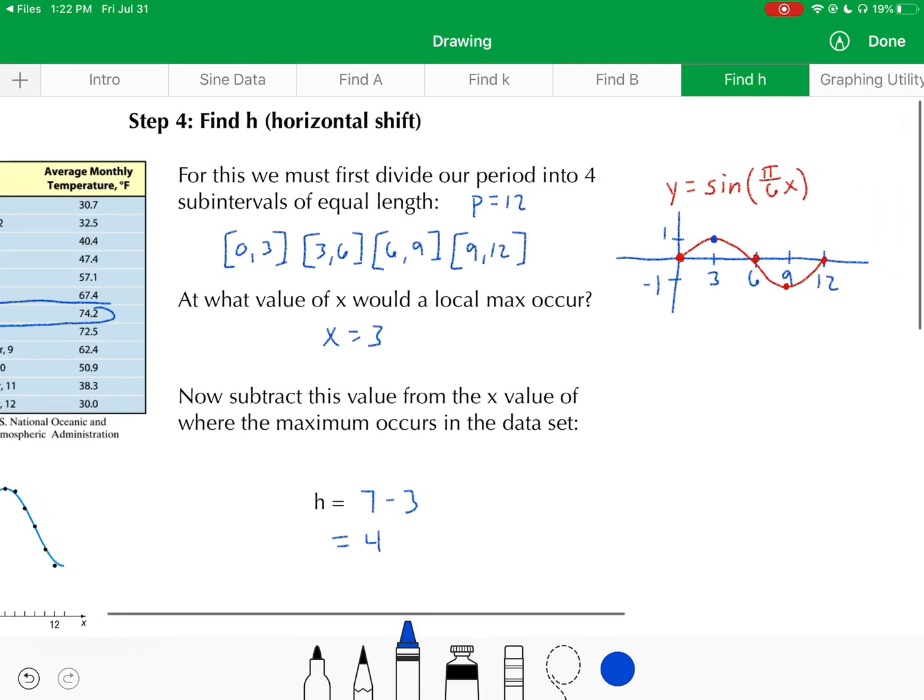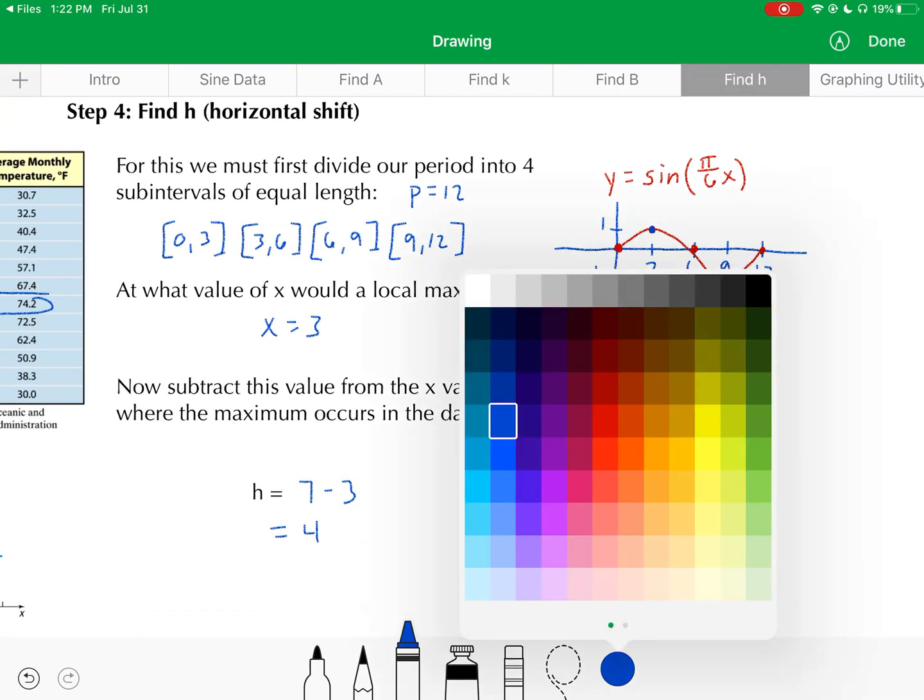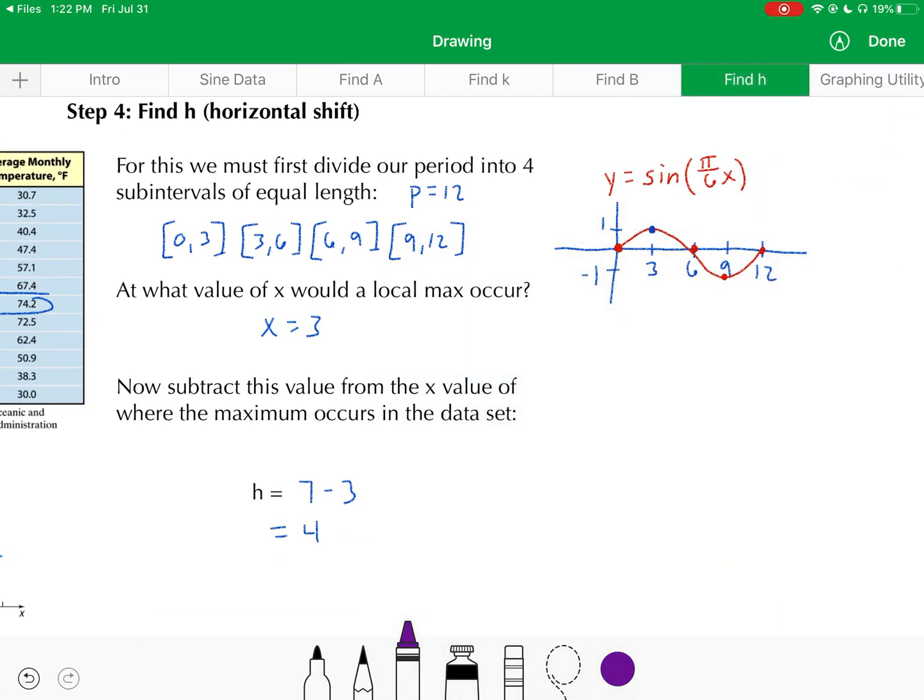Okay, so basically what we're saying, if we go back and look at this illustration here, is I need my maximum value to, instead of being at an x value of 3, be over here at 7. So I need this point to shift over to here. That's shifting a total of 4 units to the right, giving me that H value.